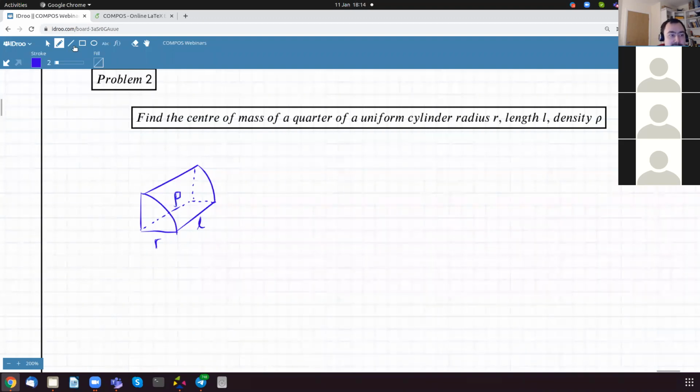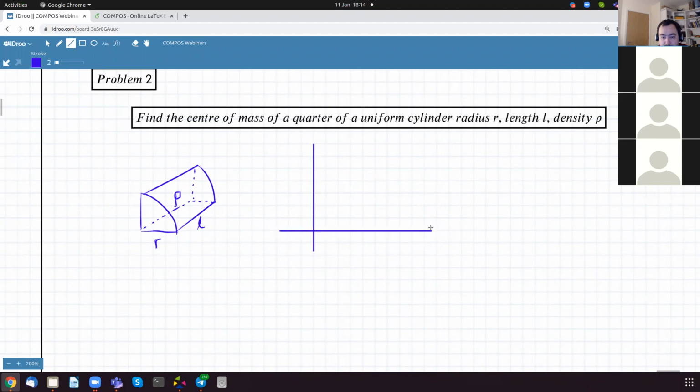I place my cylinder onto coordinate axes. Once again, you can choose the axes as you see fit. There's no right or wrong way to place the axes, just some ways give you simpler maths.